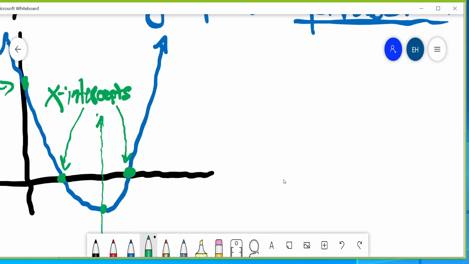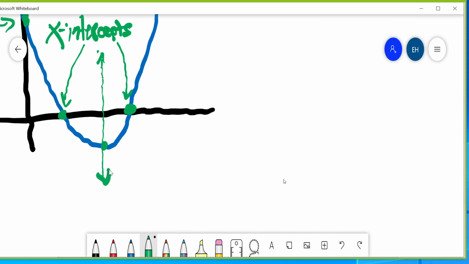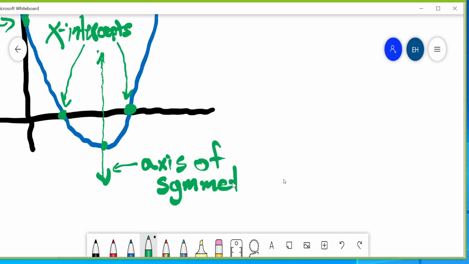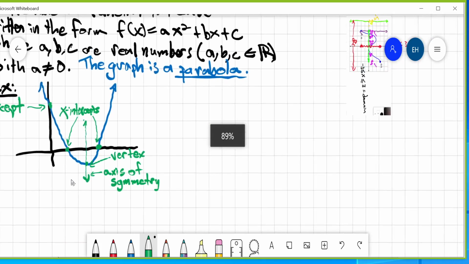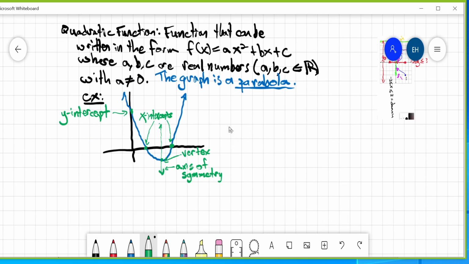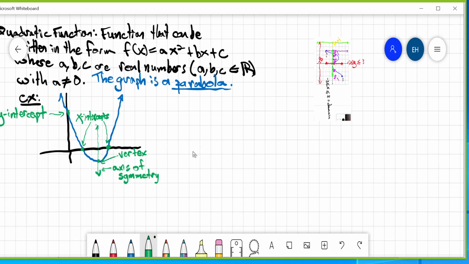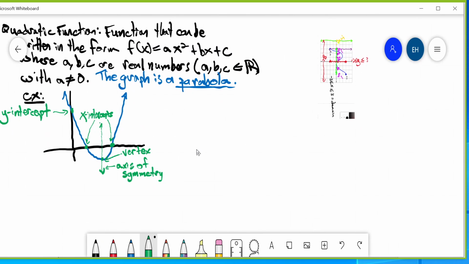That is the axis of symmetry. And the equation for the axis of symmetry.